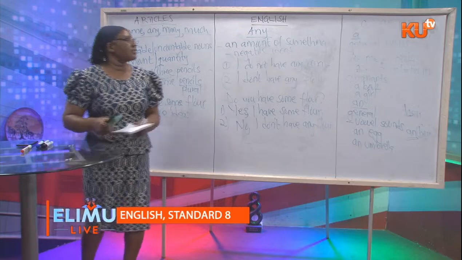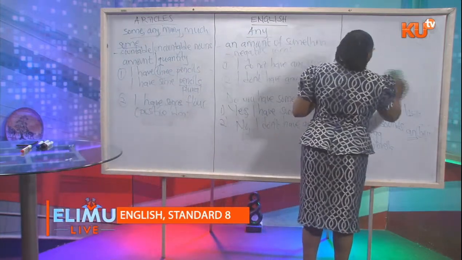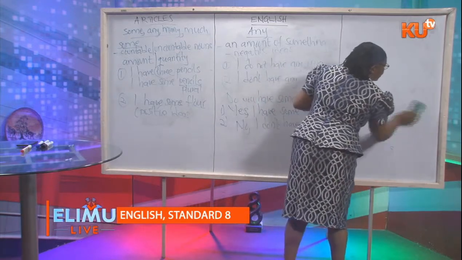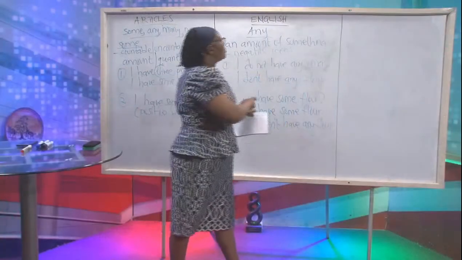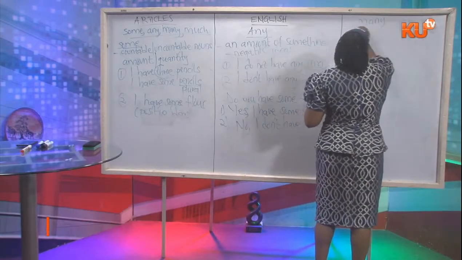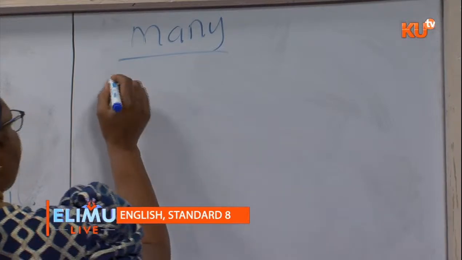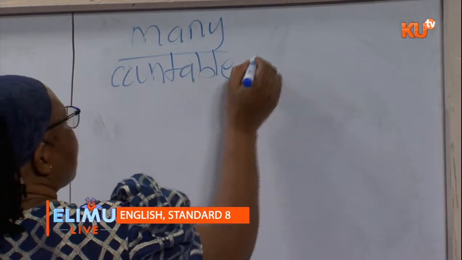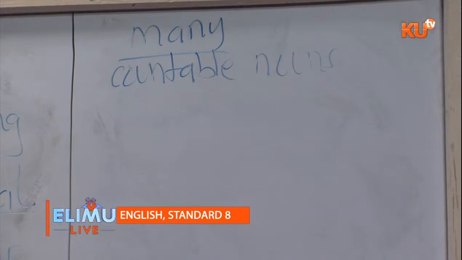We move on to our next determiner, which is many. The next determiner that we are going to talk about is determiner many. Many is a determiner, or a word, which is used with countable nouns, because you can count them.